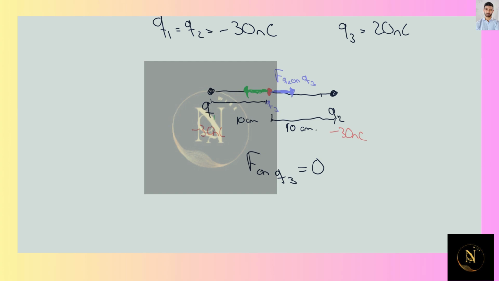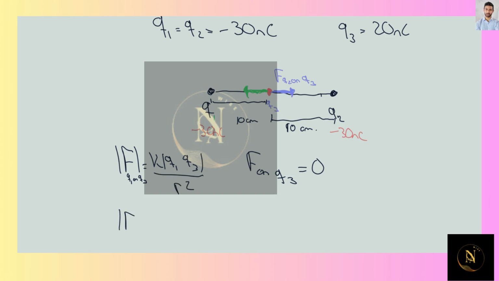Just to have this as a demonstration, remember that the magnitude of the force is going to be equal to K, Q, in this case. Let's put first the force of Q1 on Q3. It would be K times the absolute value of Q1 times Q3 divided by R squared.